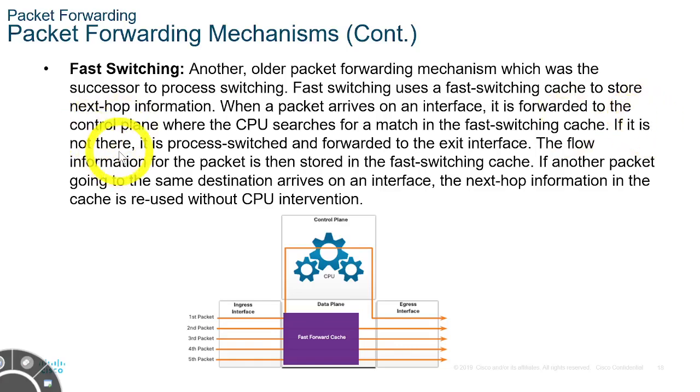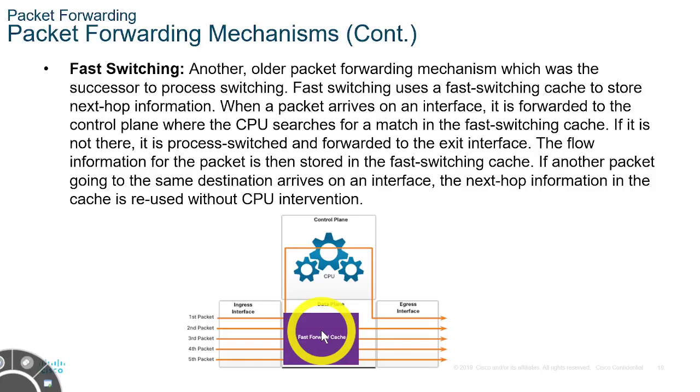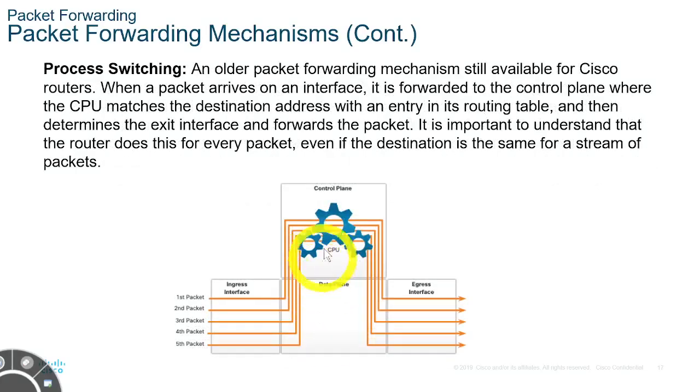If it's not there, if it doesn't find a match, it means that this is the first packet that comes to this router. So if it's not there, it's a process switch and forwarding to the exit interface. It will come back to here. So if it doesn't find it here, then it will use this way, okay?